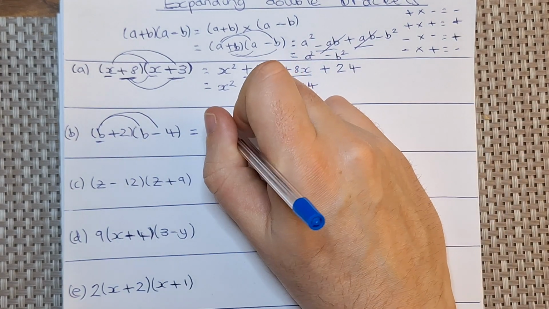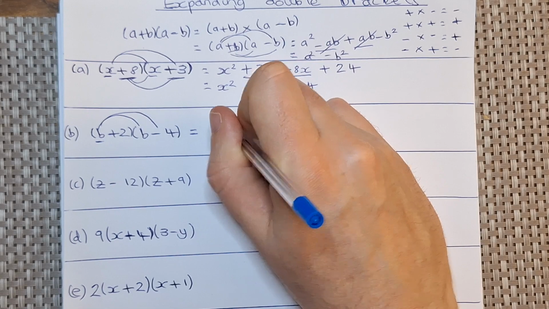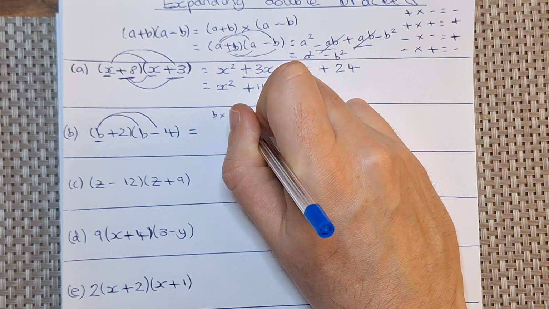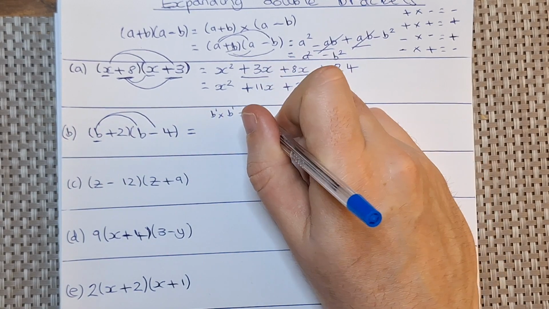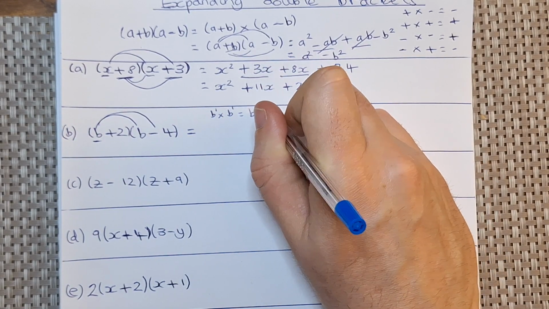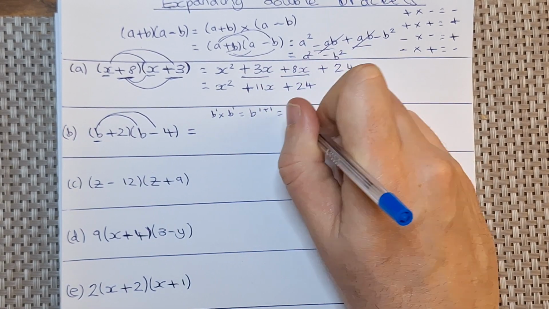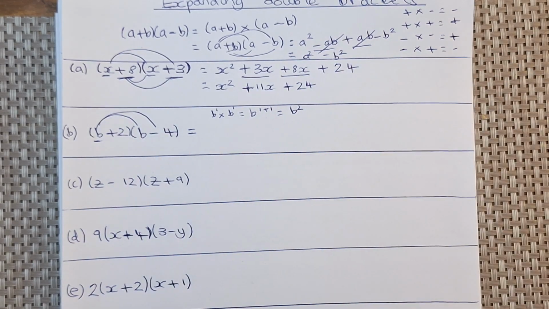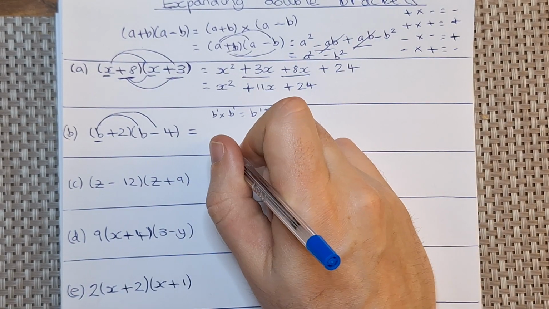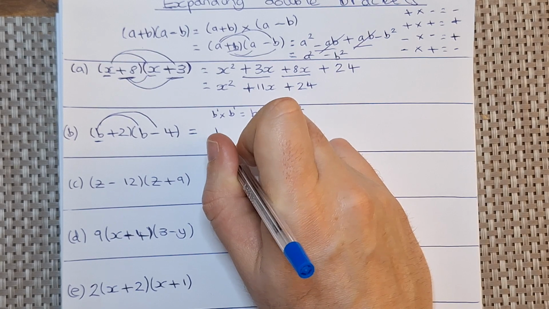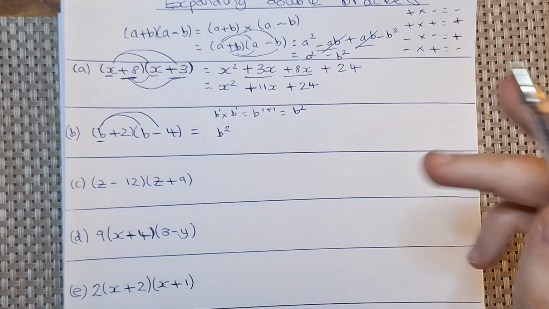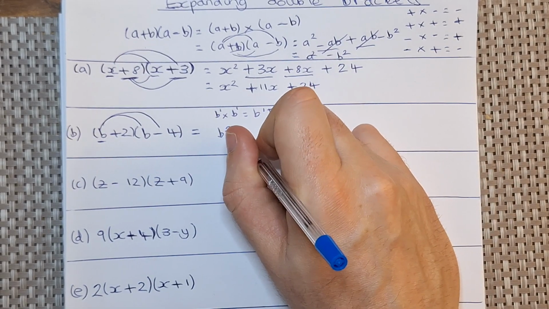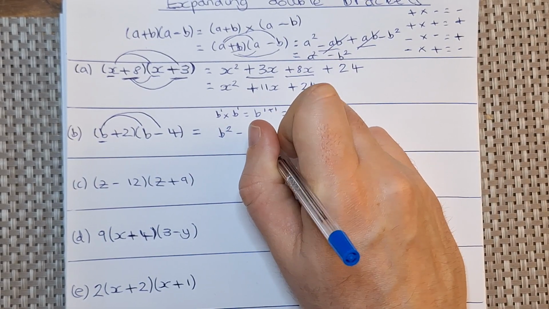Just going back to previous lessons, b times b, we simply add the powers. b to the 1 plus 1 equals b squared. So b times b is b squared. b times minus 4 is minus 4b.